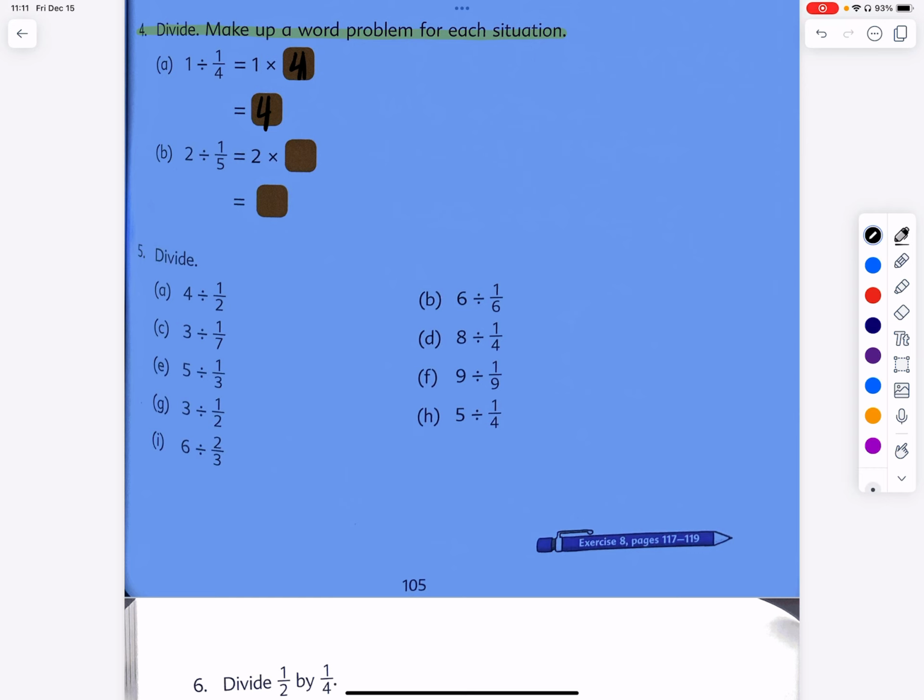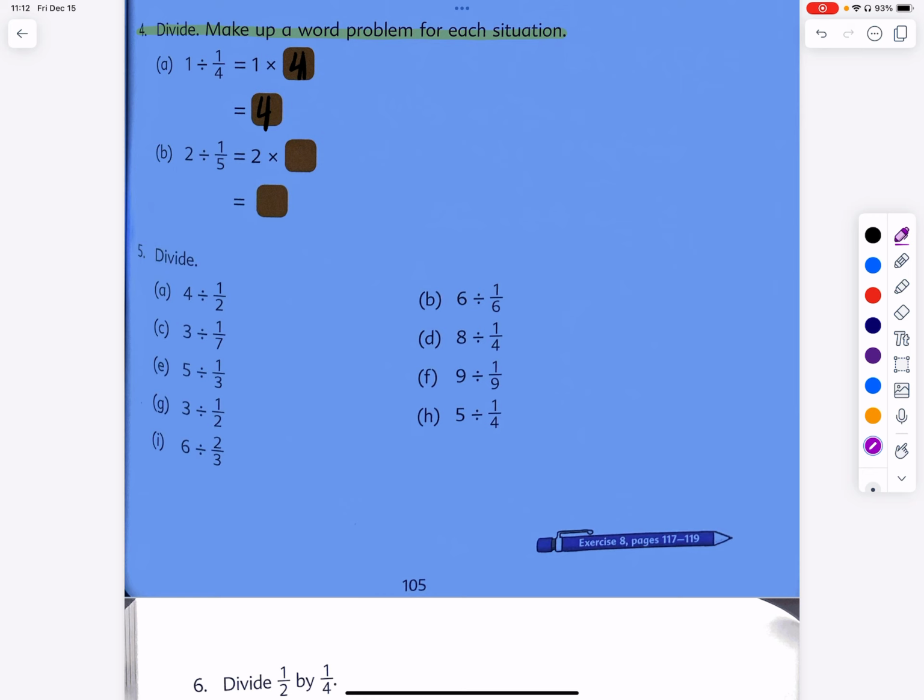Another question. Let me pick up a different color. How many 1/5 of a liter are there in 2 liters of water? Maybe not 2 gallons, maybe in 2 buckets.